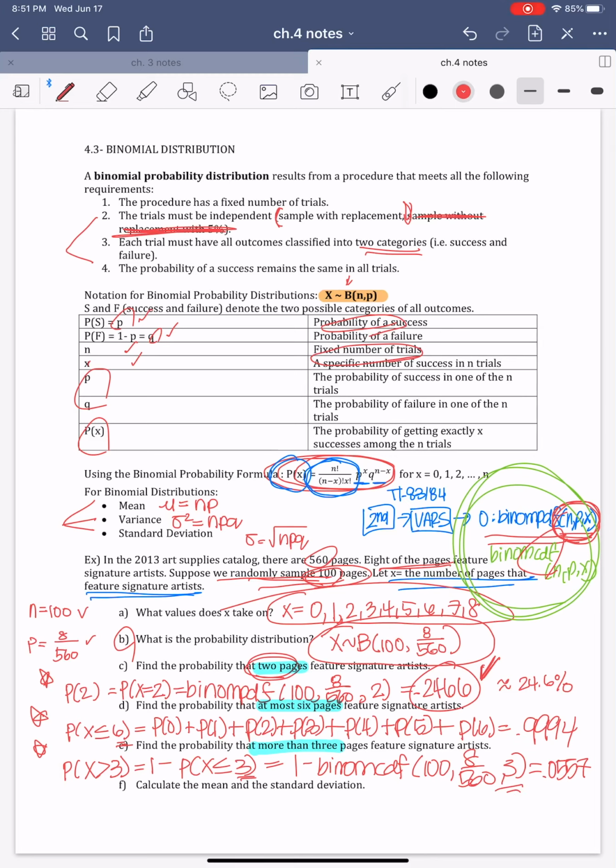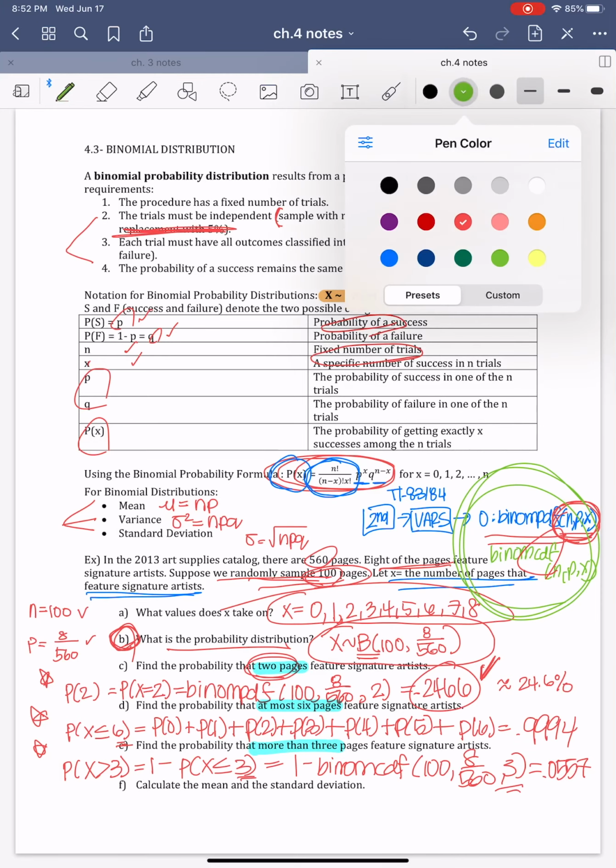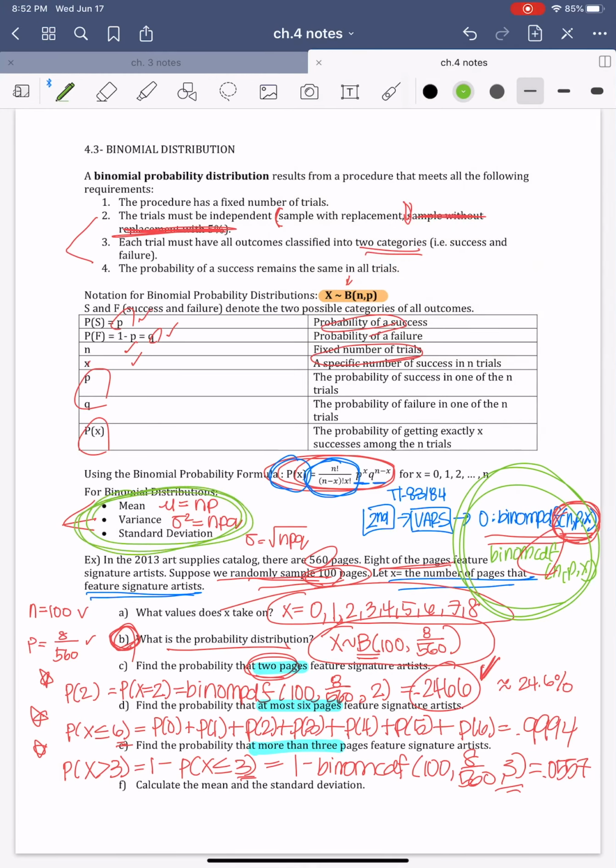Last one, calculate mean and standard deviation. Remember, we used part B to identify that this is a binom. So use the binom mean and standard deviation formula, which is right over here. Some people mix up the formula.